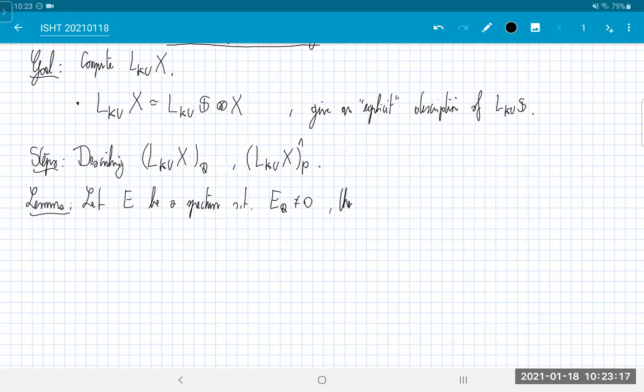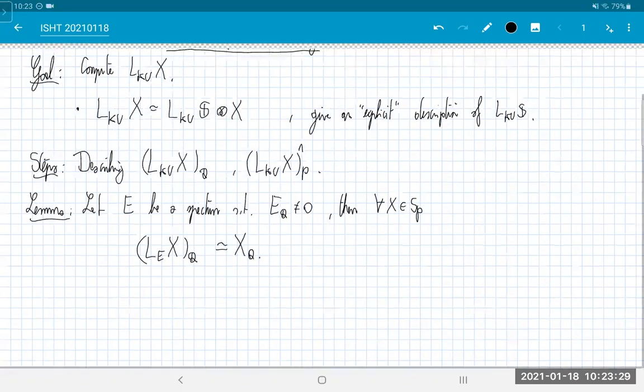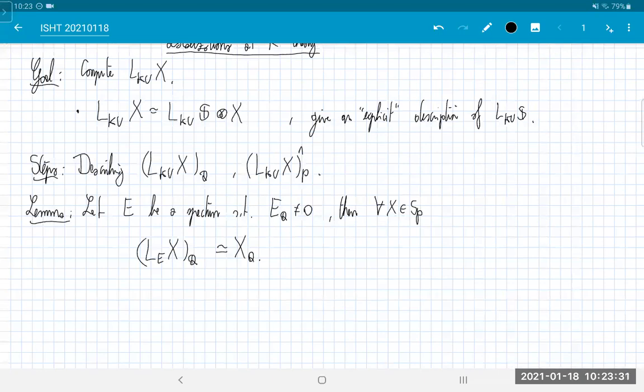Then for any spectrum X, the rationalization of the E localization is equivalent to just the rationalization of X. Or, if you want, the map X to L_E X is a rational equivalence.